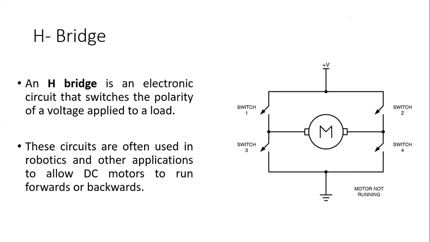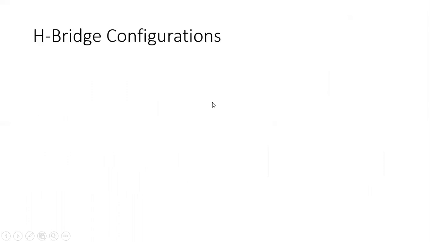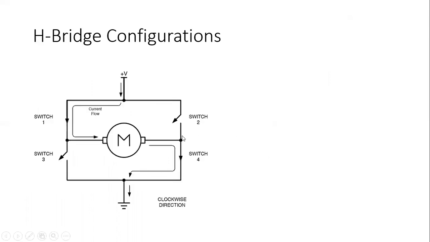So how do we configure the motor to rotate in the clockwise direction? We have different configurations. All we are going to do is enable these switches. When switch 1 and switch 4 are on, the polarity will be given from the positive to this terminal of the motor, and the negative will be connected here.